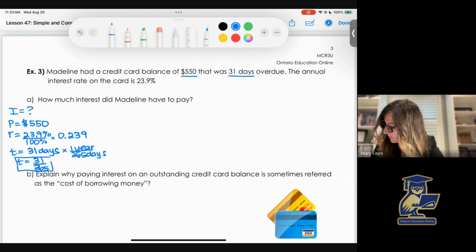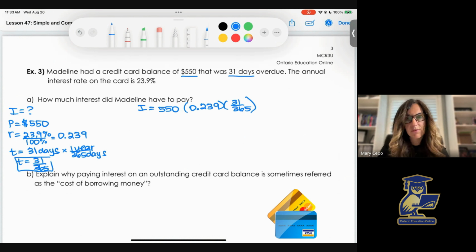So the principal, which is 550, we're going to take that times the rate, which is 0.239, times, and I'm going to stick with using brackets, 31 over 365. I recommend leaving it as exact so we don't round too soon. And we know with money, we round to 2 decimal places.